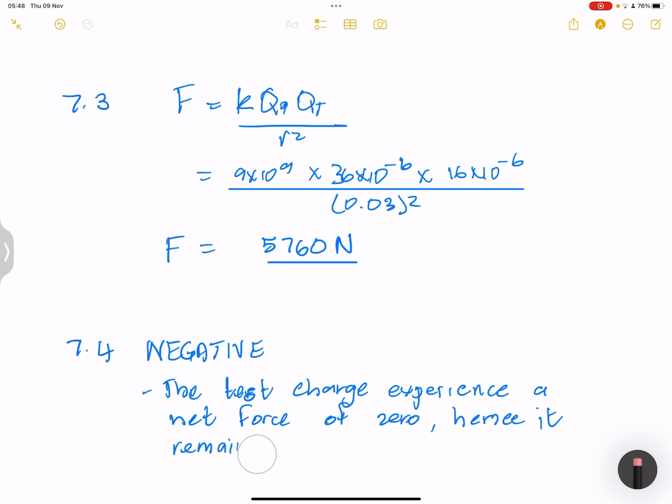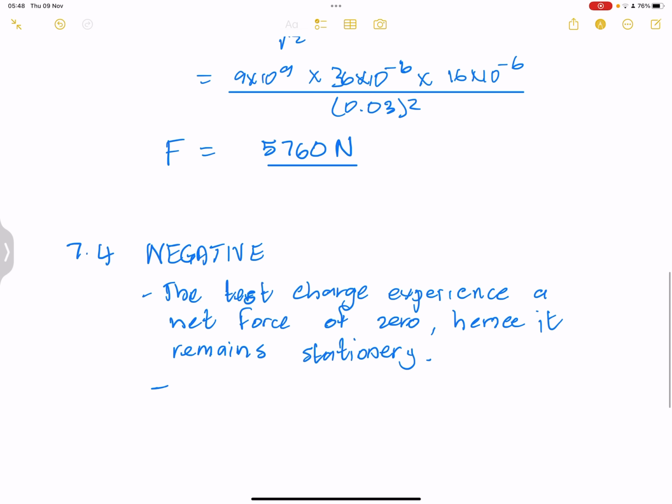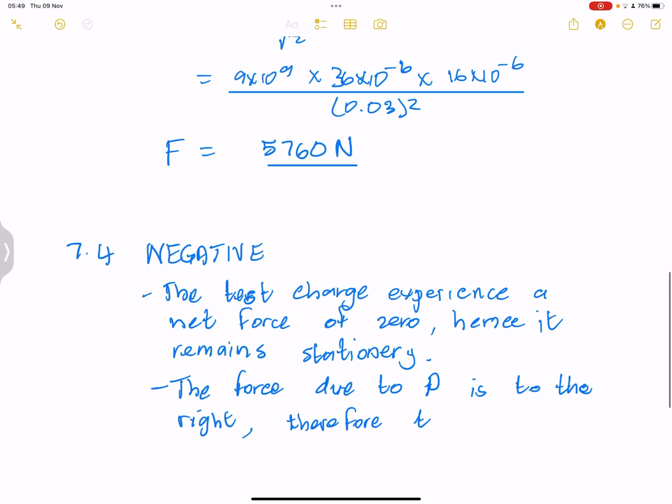It remains stationary, right? The force due to P is to the right, therefore the force to Q due to T, rather the force due to P to T, has to be to the right as well.